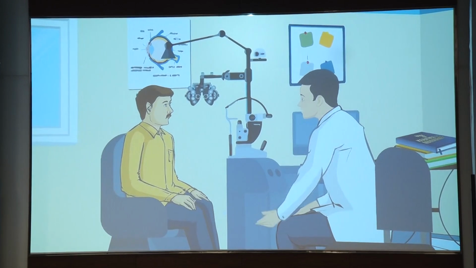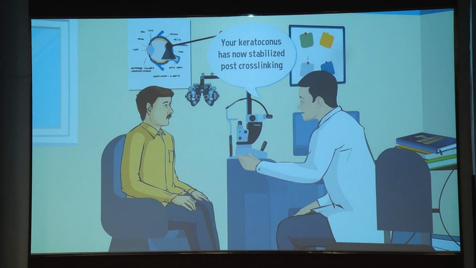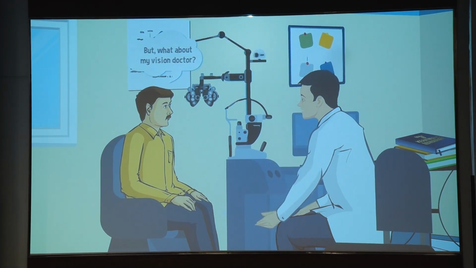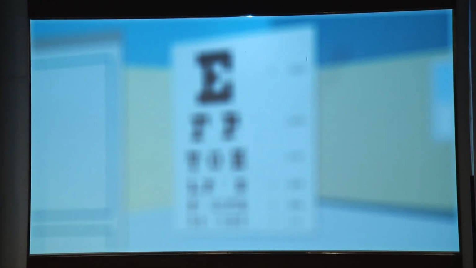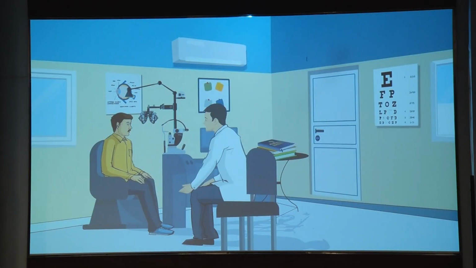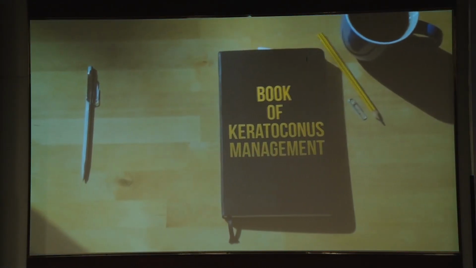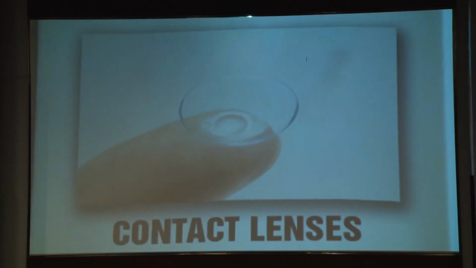Corneal collagen cross-linking has been proven to cause stabilization of keratoconus and got FDA approval in April 2016. But the big question which haunts all of us is, what about the quality of vision and life? If we do a textbook survey of the treatment options, it provides us a variety of options which will help in stabilizing the progression of keratoconus.